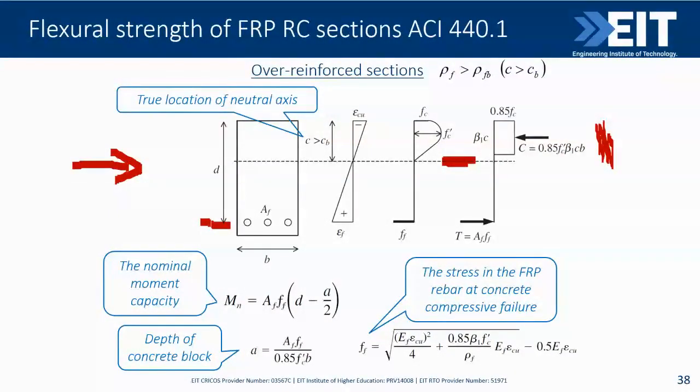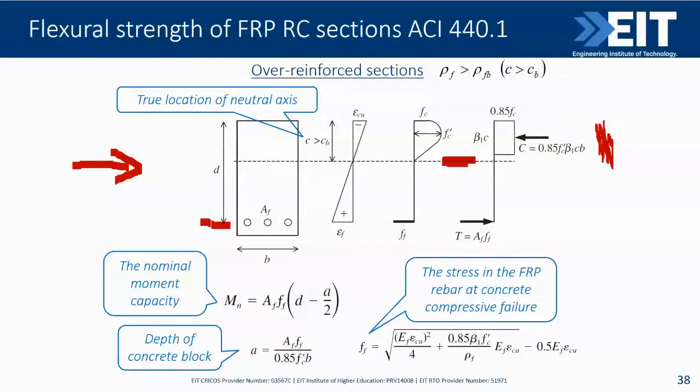However, the serviceability limit state, the deflection and crack widths, will impose a higher reinforcement ratio. I didn't bring the expression here again, just giving the general picture. So a higher reinforcement ratio means over-reinforced conditions.